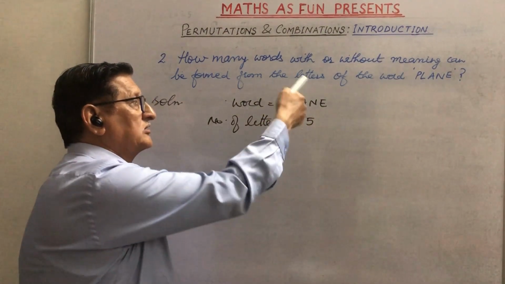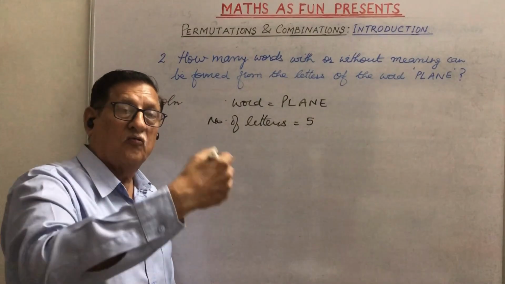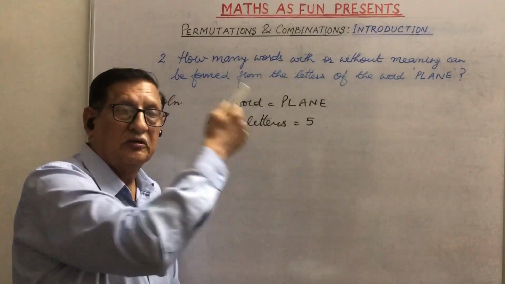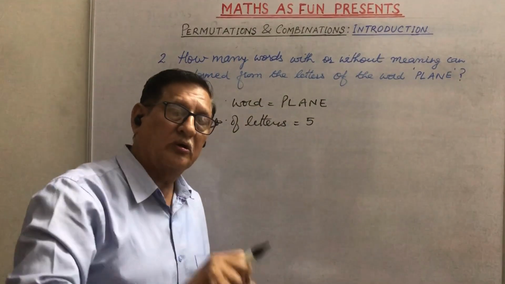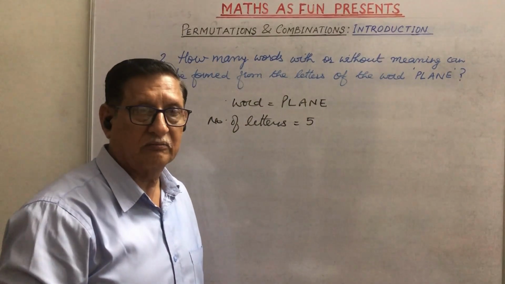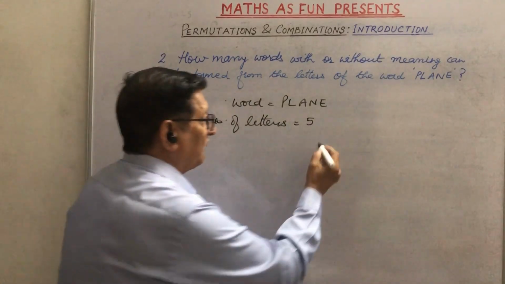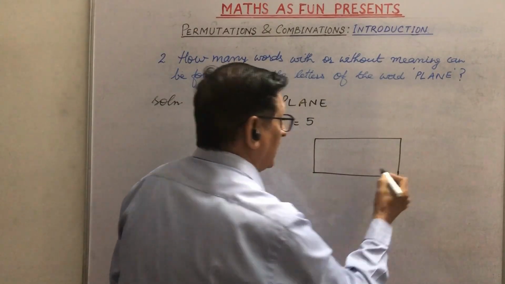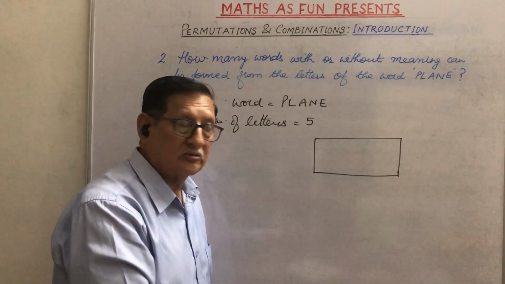These 5 letters are to be arranged in 5 places only, because we have to form the word maybe having a meaning or may not have any meaning. So we have 5 different places where we can place these letters.